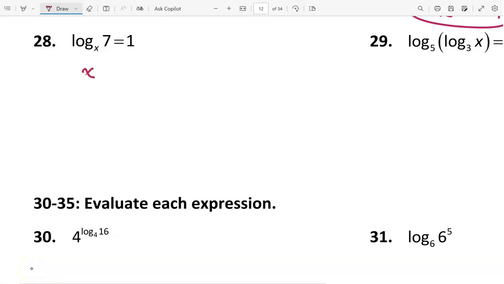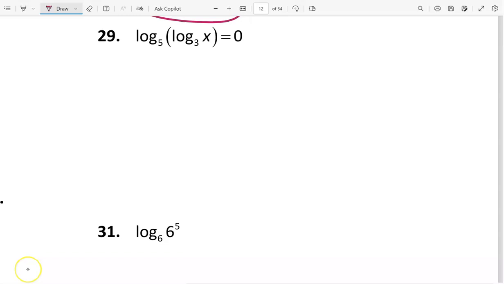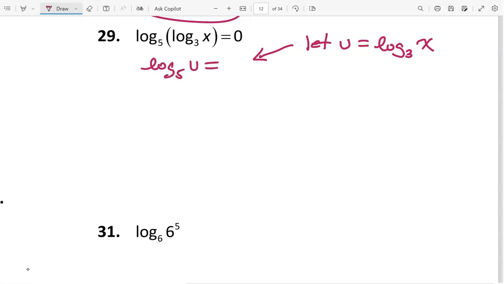Number 28, our base is x, our exponent is equal to 1, and the result must be 7, so x is equal to 7. Number 29, let's let u equal the inside function, log base 3 of x. When we make that substitution, it will make this equation much easier to solve.